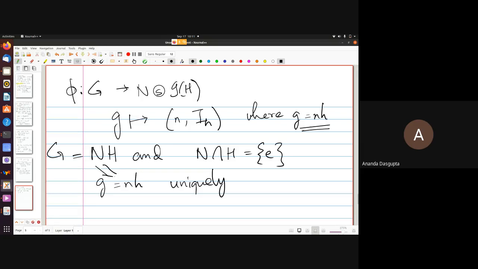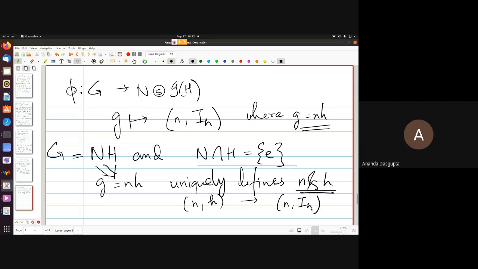This simply says that you can write G as NH. But in addition to that, once you have this extra condition that N intersection H is the identity, then G equals NH uniquely defines N and H, or the pair N, I_H. Is this clear? Okay, since there's no response, I'm assuming it is.